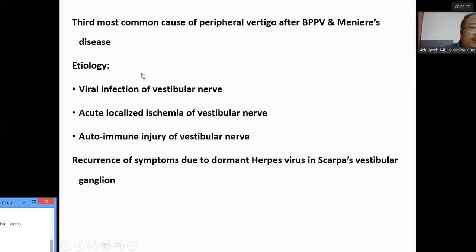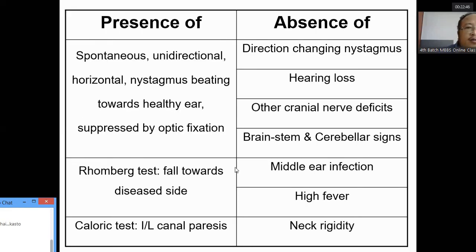Viral infection of the vestibular nerve is the mostly accepted cause, and among them herpes simplex is the mostly accepted virus for vestibular neuritis. So how do we diagnose vestibular neuritis, because it is one of the commonest causes of vertigo?